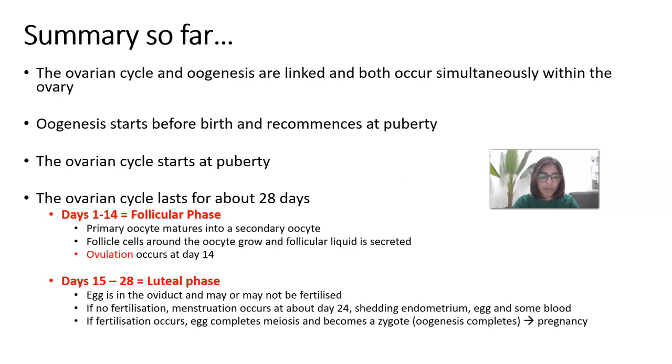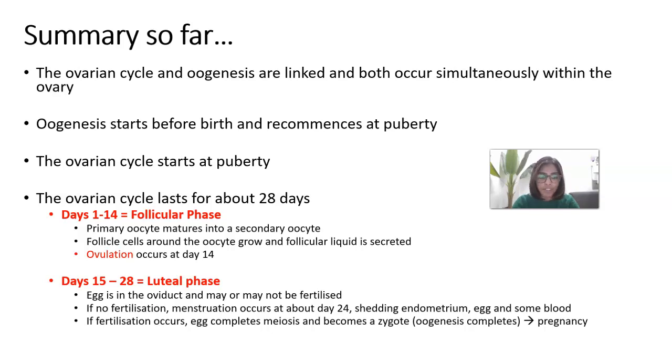The first is the first 14 days, which is known as the follicular phase. And this is where the primary oocyte matures into a secondary oocyte, and the follicular cells around the oocytes start to grow, hence why we have a primary follicle and a secondary follicle. And then we have the continued production of follicular fluid, which is secreted into the follicle space.